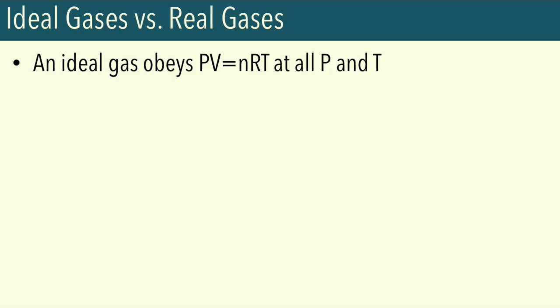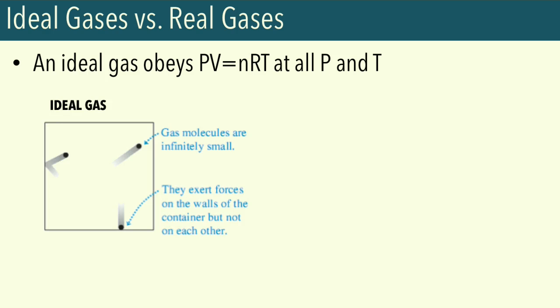The kinetic molecular theory gives us a molecular basis as to why the ideal gas behaves this way. According to KMT, for an ideal gas, the gas molecules are infinitely small, to the extent that we could neglect the molecular volume of the gas. So we're just going to be treating the gas molecules as point particles.